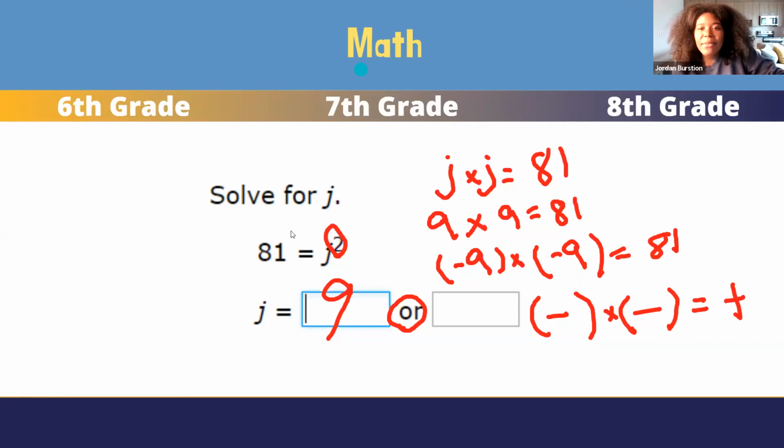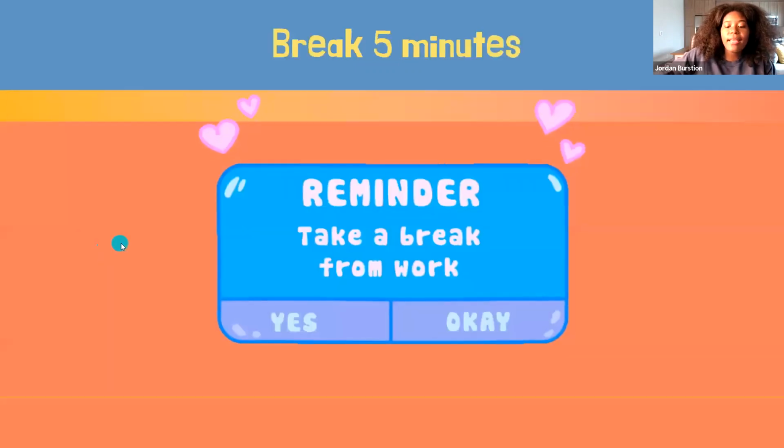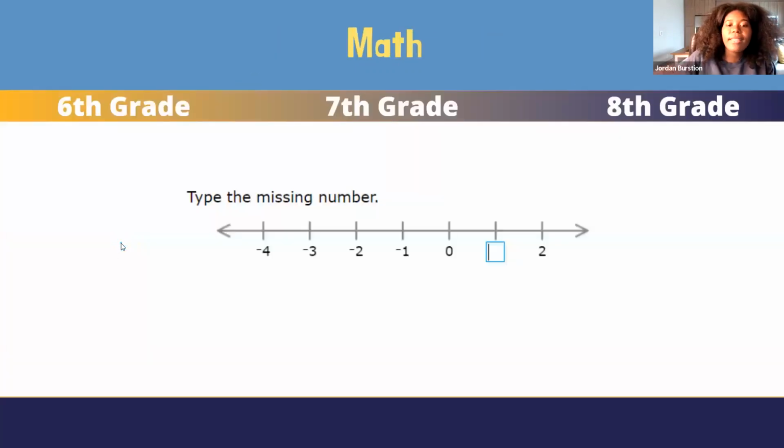Okay, so I'm going to clear off my drawings real quick. Oh, okay, so we have one more math problem and then we'll take a break. Type the missing number.